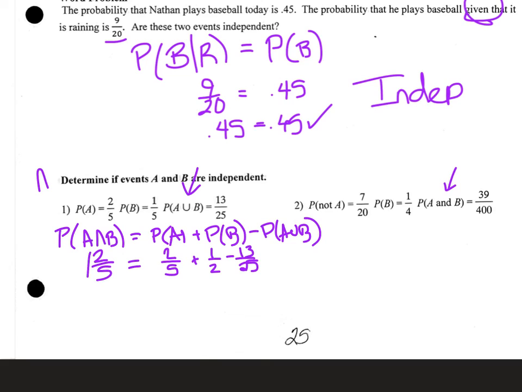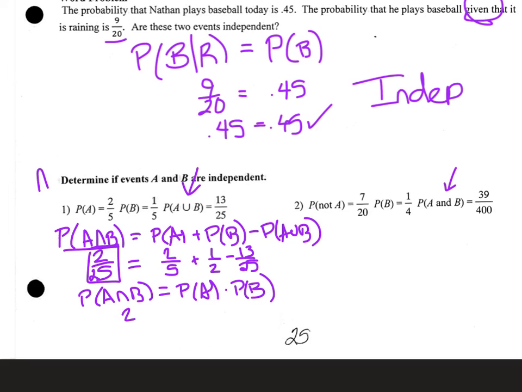So when you do the math, magic happens. This is 2 out of 5. I'm just running out of space, so 2 out of 25, excuse me. Okay, so now that I know the probability of A and B is 2 out of 25, I just use the method to prove it.